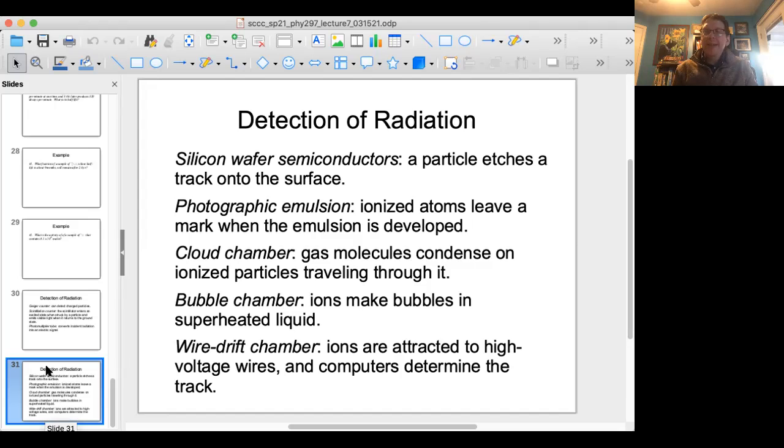So we have means not only of figuring out the presence of radiation, but also the trajectory of the radioactive particles. And if you've got high speed photography, you could possibly figure out the velocity, the momentum, and the kinetic energy of the particles as well. And so you can figure out a lot of information that way.